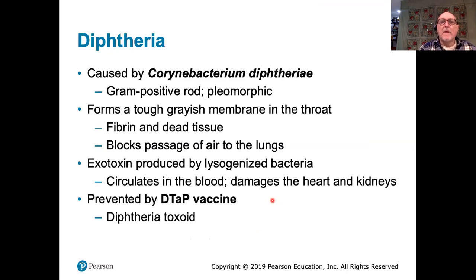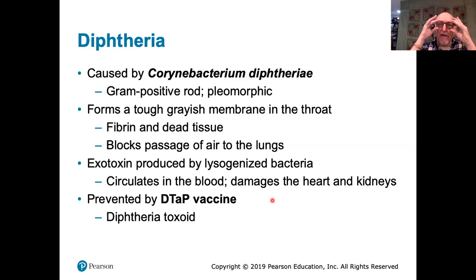The bacterium, when it colonizes the throat, releases a toxin which has a peculiar effect. It causes very rapid production of cells in the surface layers of the mucous membrane, and it causes them to produce a thick, glue-like mucus, which glues cells together. It glues dead cells, and it glues layers of bacteria together into what is called a pseudomembrane.